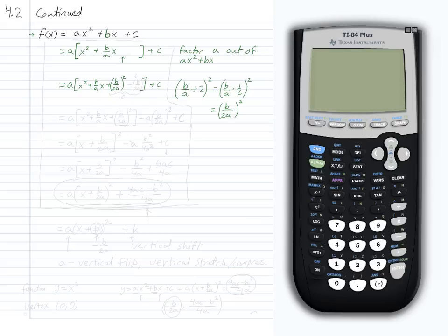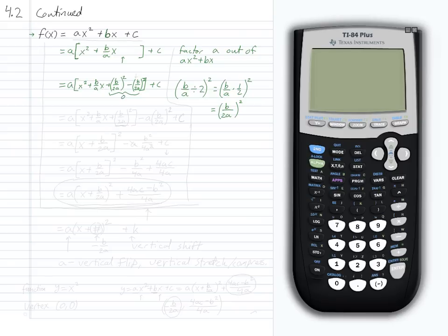I have added something. So at the same time, I'll also subtract it right next to the place where I added b over 2a squared. Okay, so essentially all I've done is I've added 0, but I've done it in this slightly strange way.